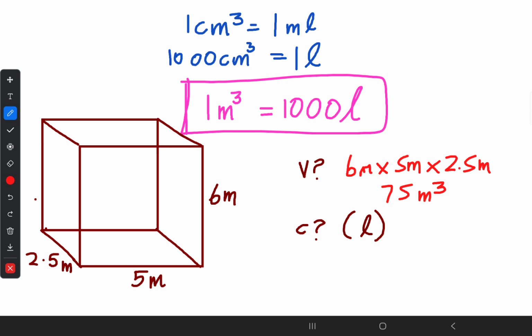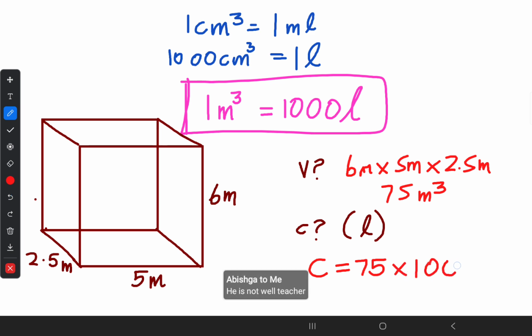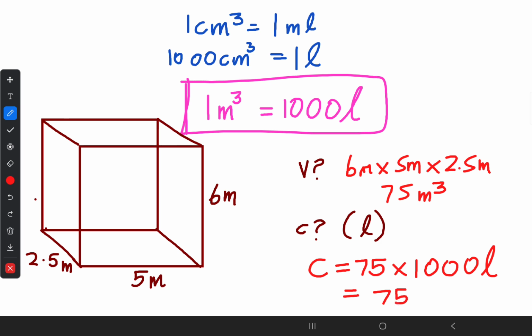To find the capacity, you should multiply that by 1000 liters. Don't just keep the cubic meter measurement. 75 multiplied by 1000 is 75,000 liters. That is the capacity in liters. The question clearly mentions finding the capacity in liters, so this is the way you have to follow.